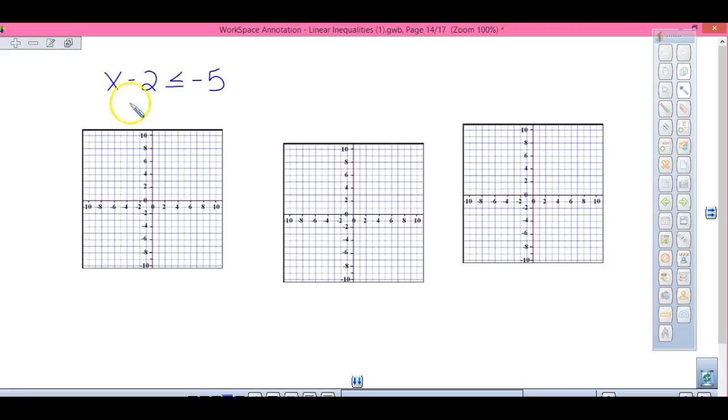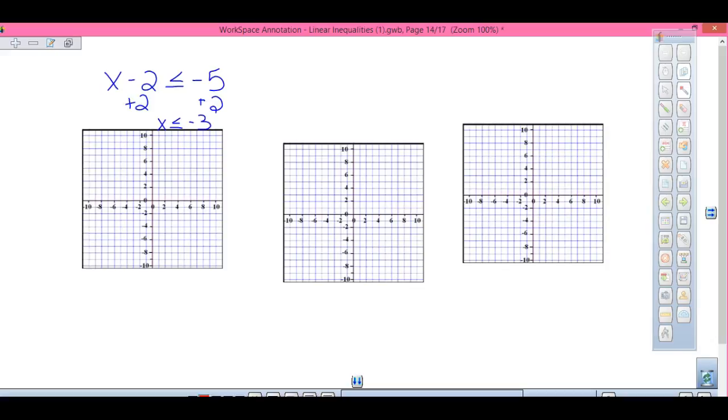So Christian's right. We've got a plus 2 and plus 2, so we get x is less than or equal to negative 3. We should be writing this down wherever you have some extra space.